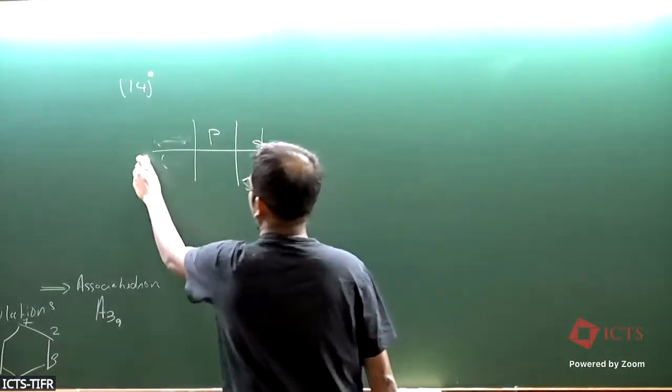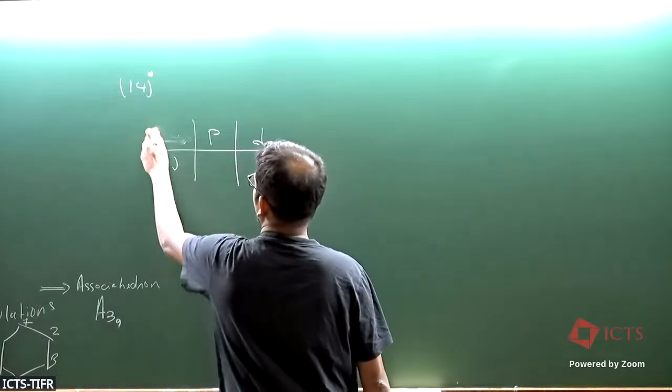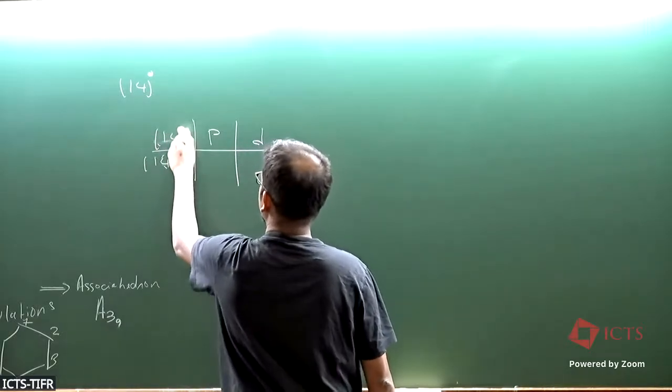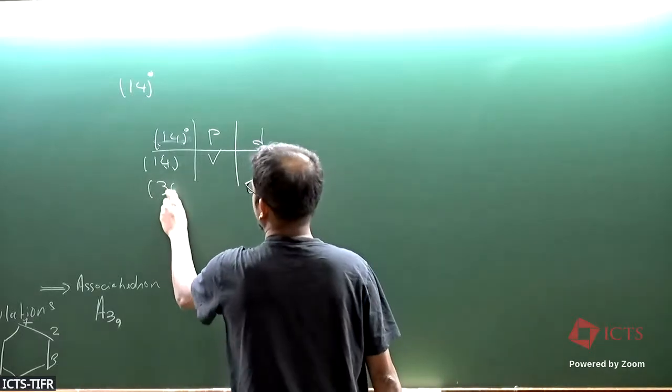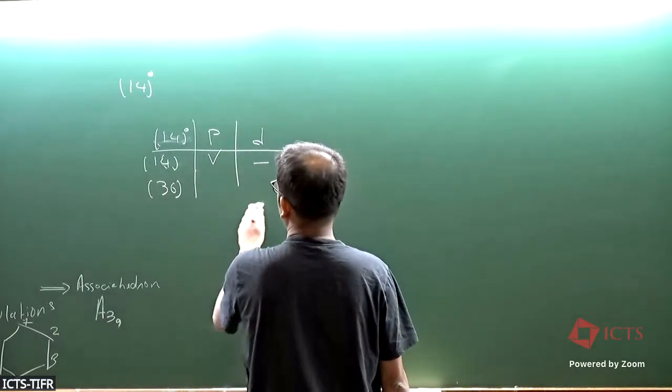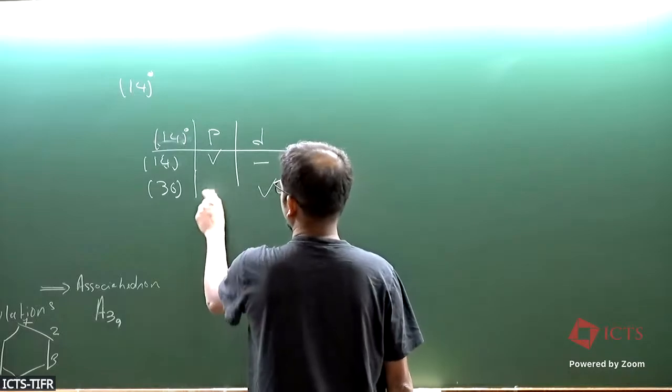There is one walk 1, 4, which has a peak at 1, 4 dot and no dip, and there is exactly one walk 3, 6, which has a dip at 1, 4 and no peak.